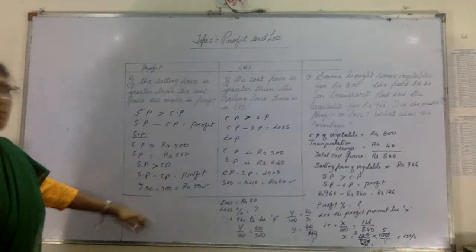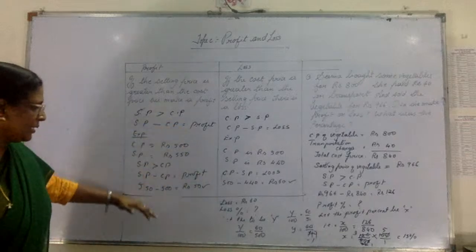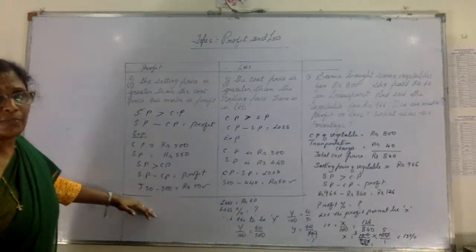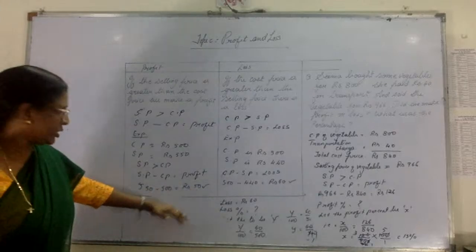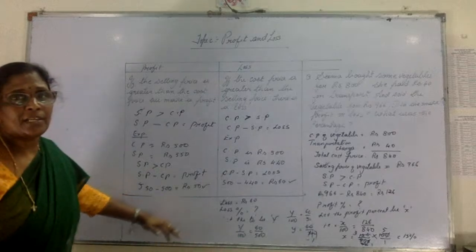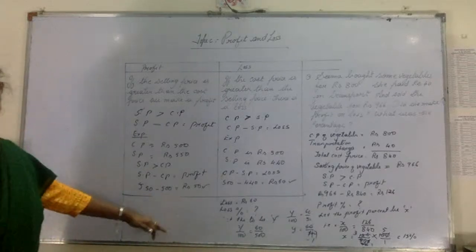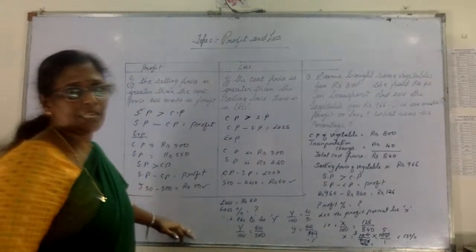That is, this is the actual profit she earned on 500 rupees. If you want to find out the profit percent, we have to assume it as X. And X upon 100 is equal to 50 upon 500. If you shift 100 this side, 0, 0 will get cancelled. 5 will go in 15, 10 times. That means she has earned 10% profit.